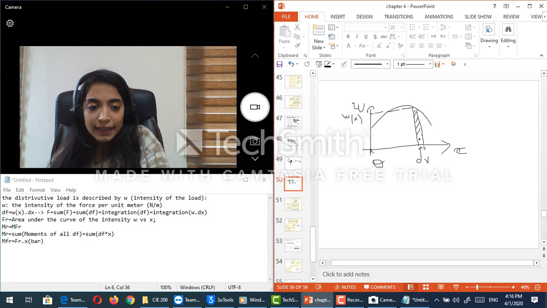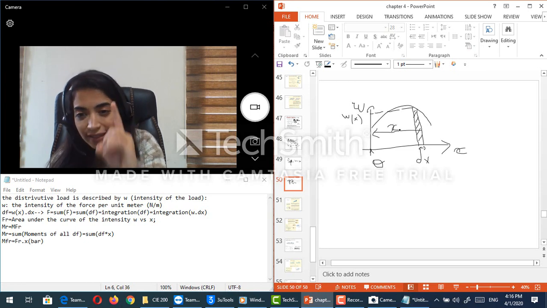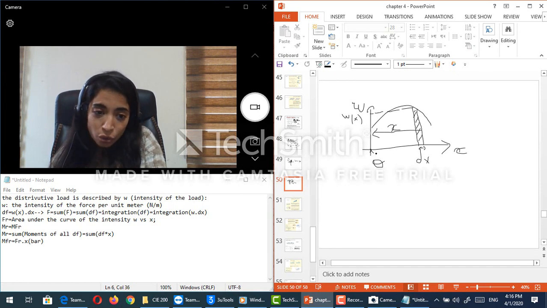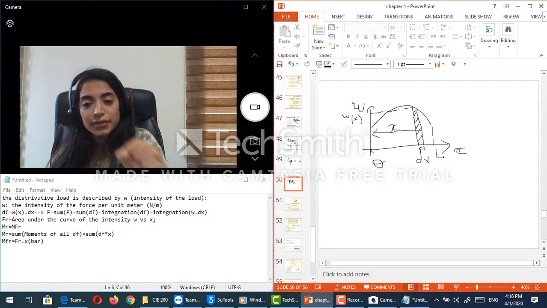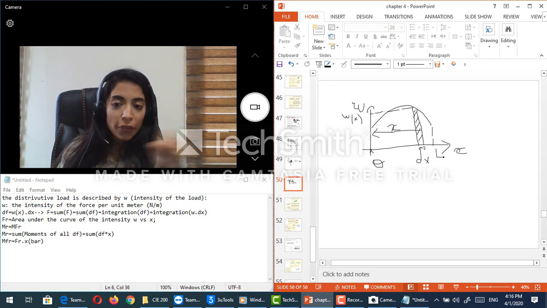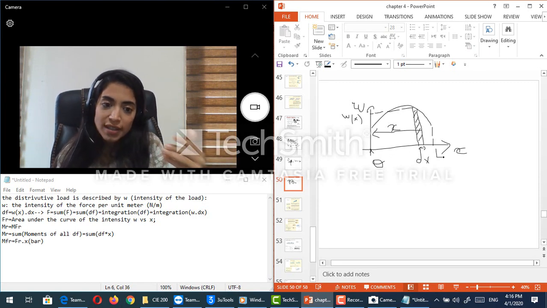It is basically dF times the distance from this dF to O. Now what is the distance from this dF to O? It is x, where x, guys, varies from 0 to L. Okay, so x varies from 0 to the end of this beam, which is L.